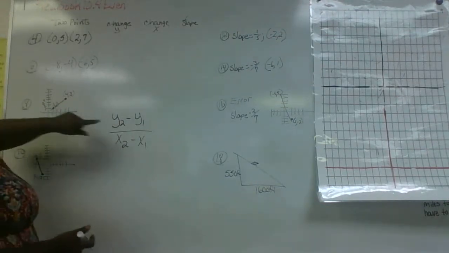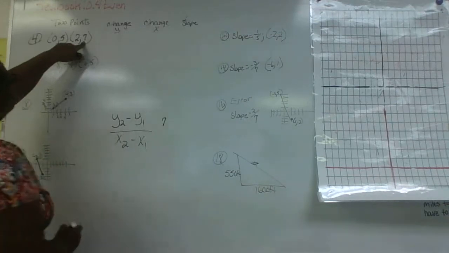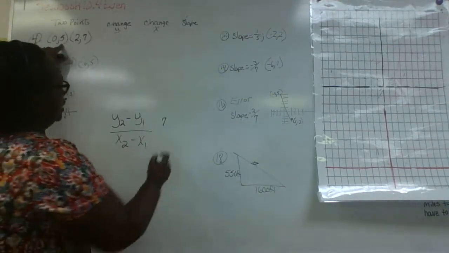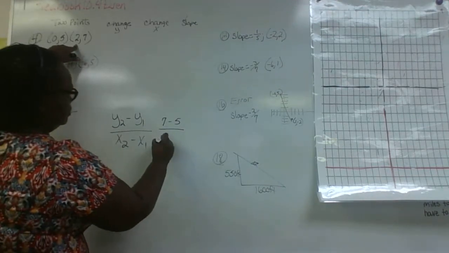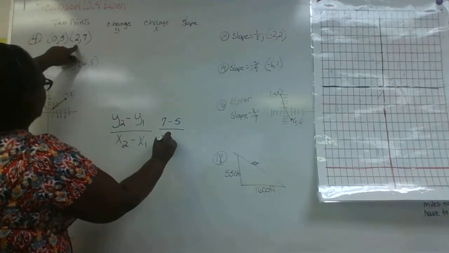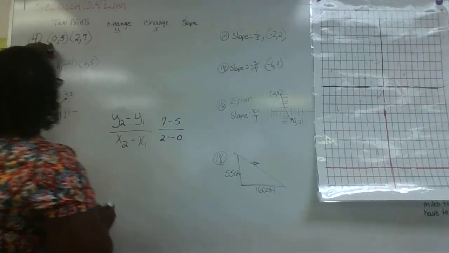So if we say y2, this is y2, which is 7, minus y1, which is 5, over x2, which is 2, minus x1, which is 0 in this case.